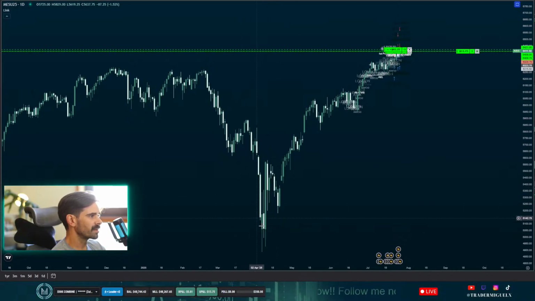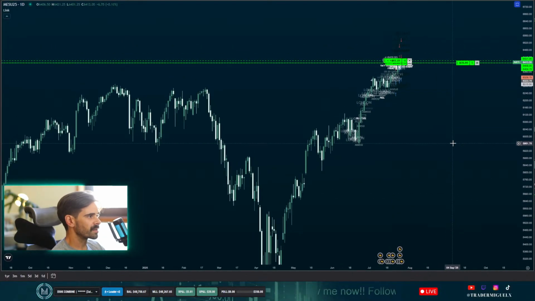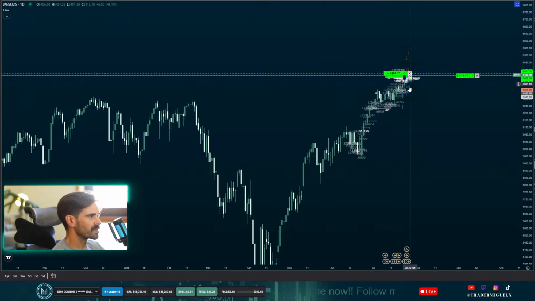There were days that it was impossible to trade anything because the candles were so big that it was not risk friendly. And since then we are just moving higher, and these for me are the hardest conditions, when the market is completely one sided.